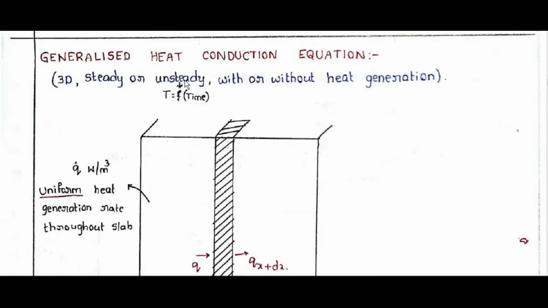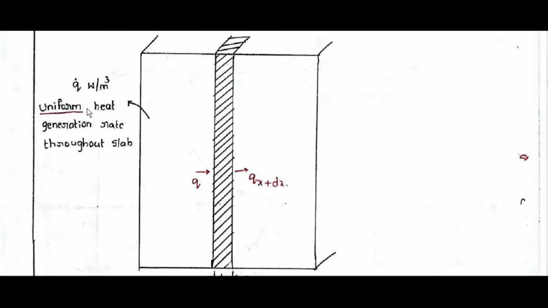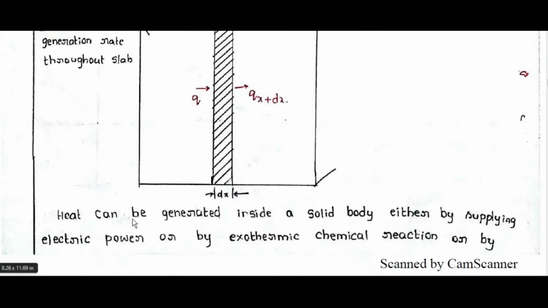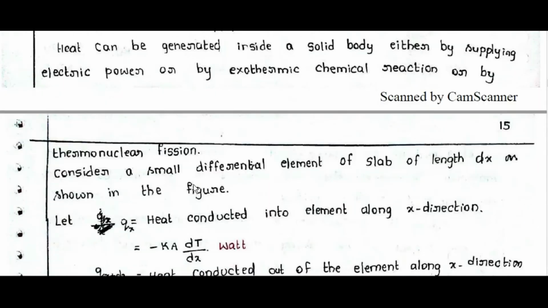Generalized heat conduction equation: 3D, steady or unsteady, with or without heat generation. Q dot, watt per meter cube, is the uniform heat generation rate throughout the slab. Heat can be generated inside a solid body either by supplying electric power or by exothermic chemical reaction or thermonuclear fission.